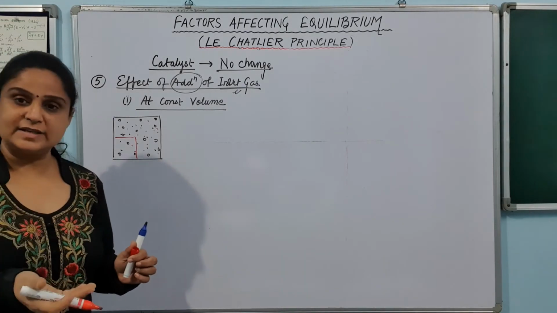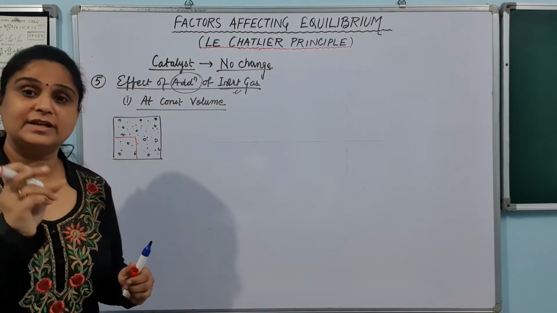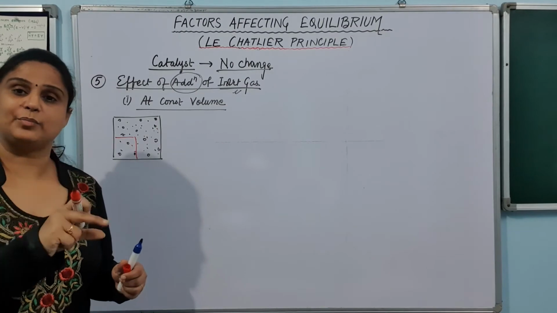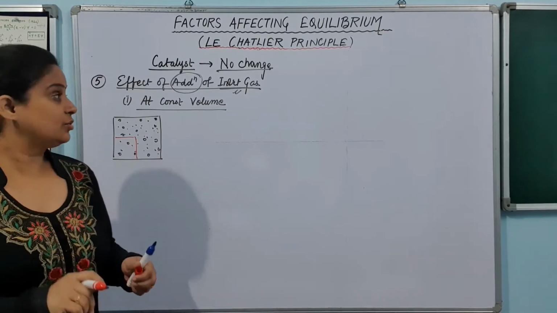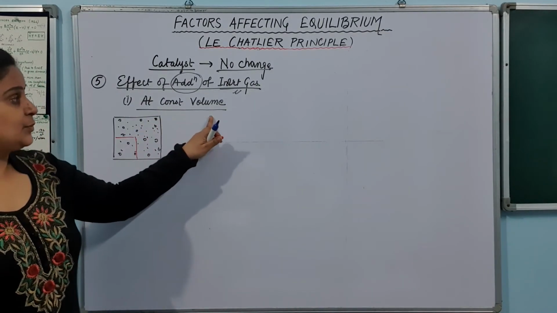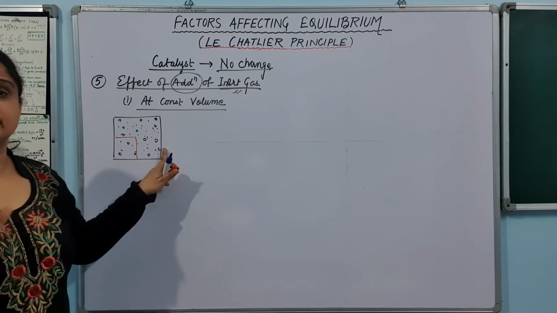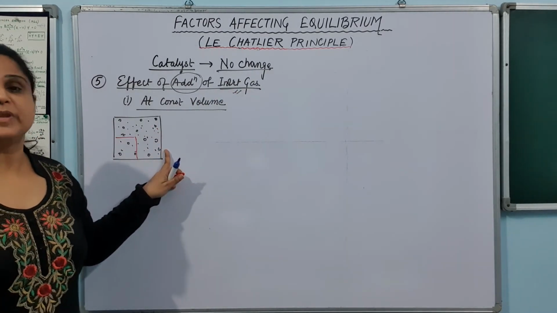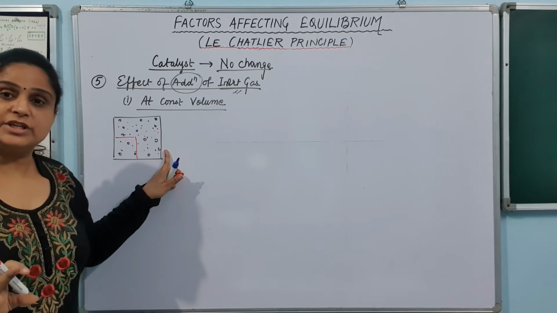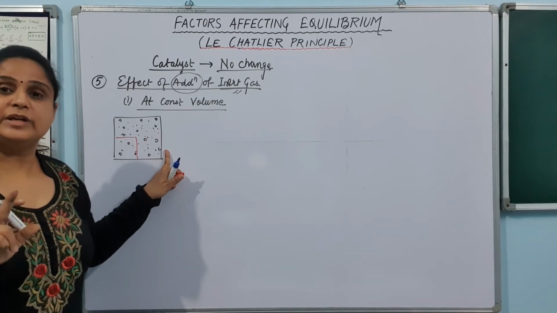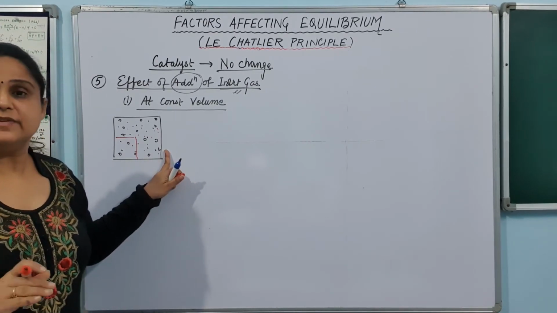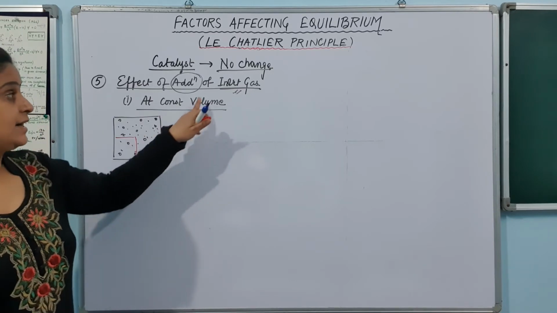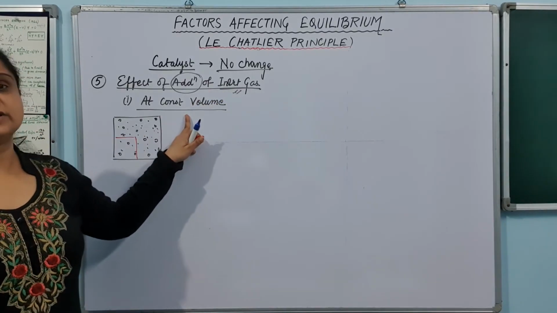Although the inert gas is present, the partial pressure of that particular component is not changing at all. So at constant volume, on adding inert gas there will be no change in the pressure. Hence there will be no change in the equilibrium state. So the equilibrium will not shift if you add inert gas at constant volume.